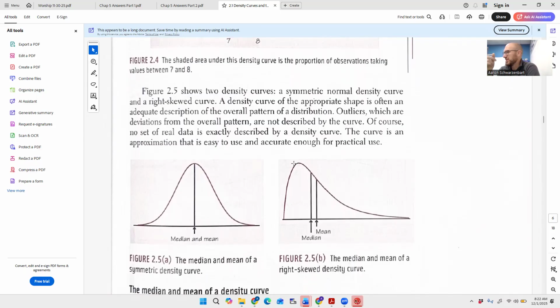So, shape. We've talked about symmetric and skewed, right? With a symmetric graph, mean, median, and mode are all the center, if it's perfectly symmetric. With the skewed one, mode is at the top. Median means there is equal area on each side.